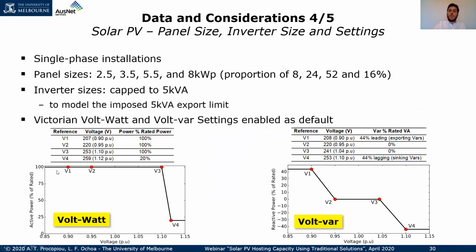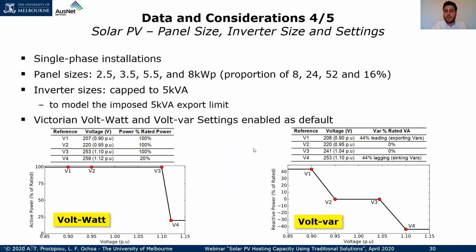On top of that, we are also considering the new Victorian settings of Volt-VAR and Volt-Watt, which are considered to be the default settings once someone installs a PV system in their household. And also in the simulations, it is considered to be the default setting once we allocate a PV system to a customer.